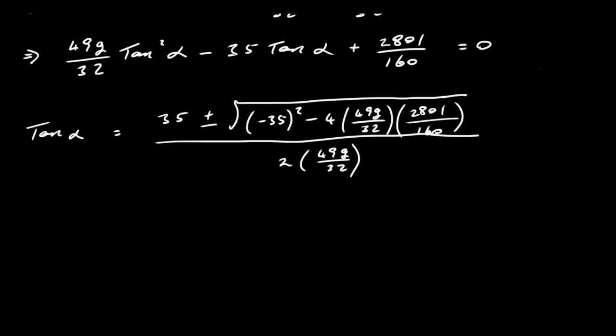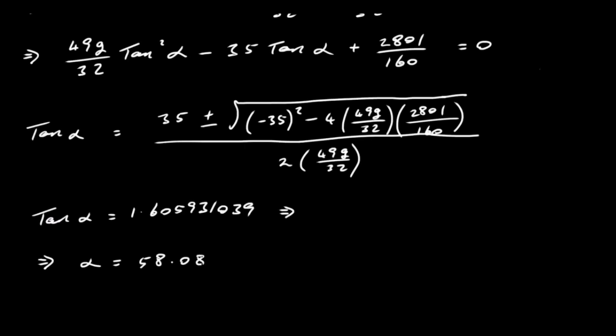So what you should end up with is tan of alpha equal to, if you take the plus version, 1.605931039 on your calculator. Just do tan inverse of that and you'll get an alpha then equal to 58.08981897 degrees.